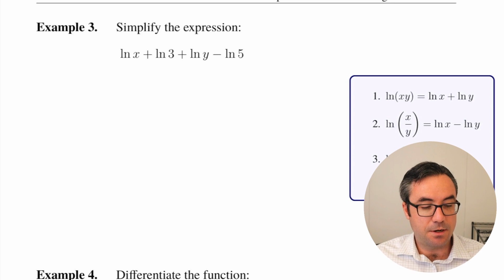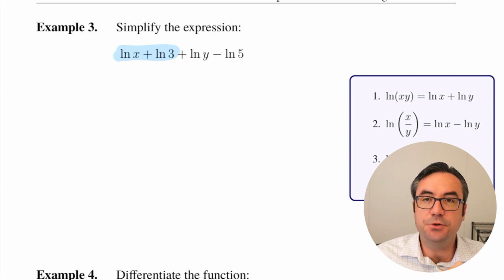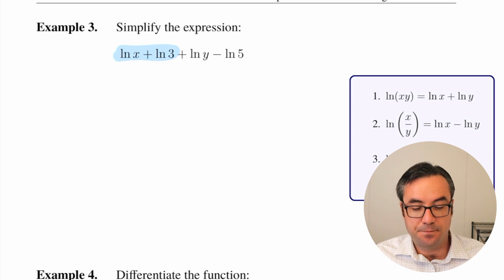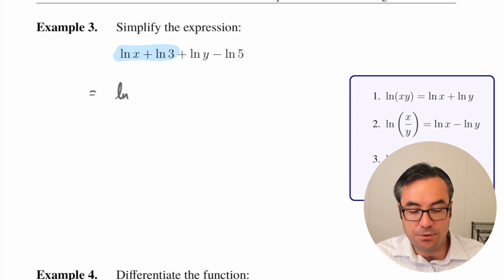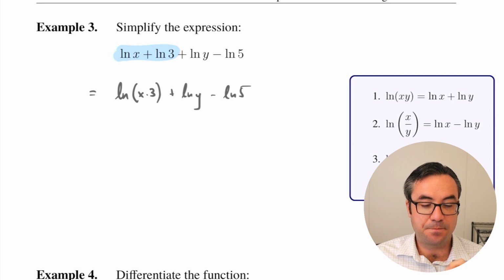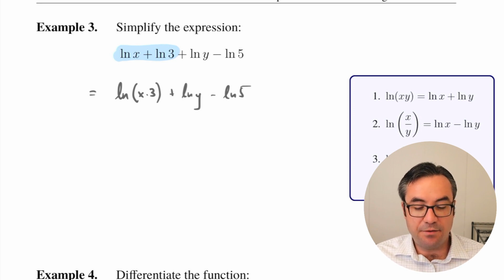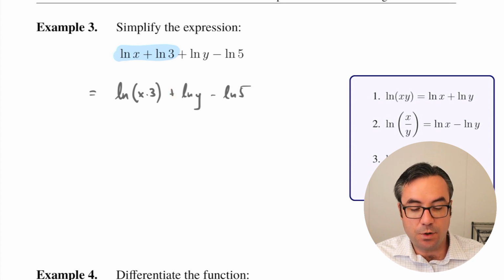So let's combine these two together. So we get natural log of x times 3. And then we have our plus natural log y minus natural log 5. And then once we have those two combined, well, we now have an addition sign here, so we can combine these two.